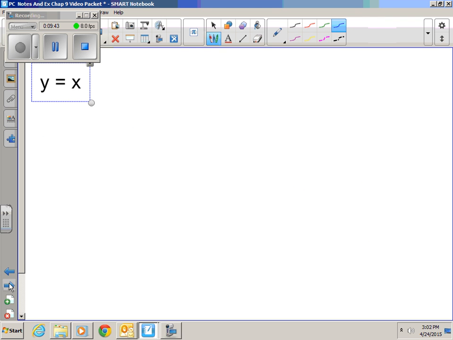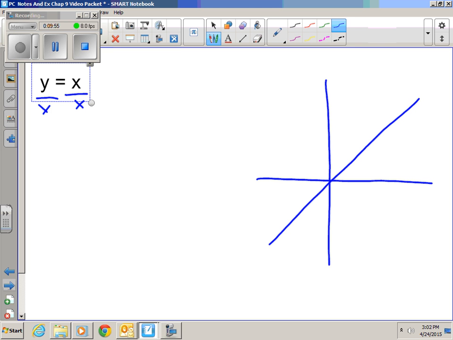We look at this one right here, y is equal to x. I'm going to take this y equals x and divide both sides by x. And again, let's just think about what this graph looks like. Y equals x is that line right there. I now have y over x is equal to 1. Well, y over x is tan theta. Tan theta is equal to 1.